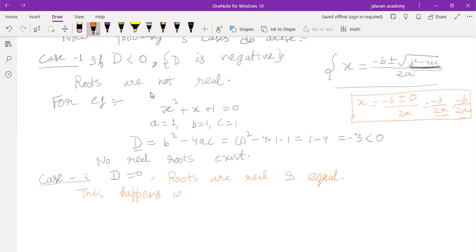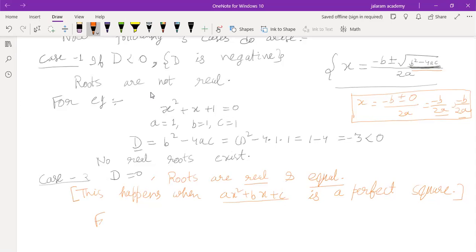This happens when ax square plus bx plus c is a perfect square. Okay. This is extra information: when ax square plus bx plus c is a perfect square, then the roots are real and equal.